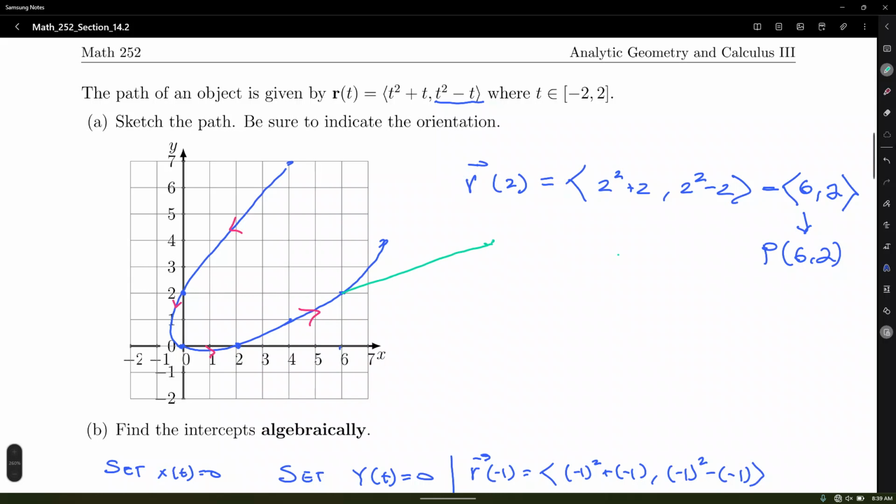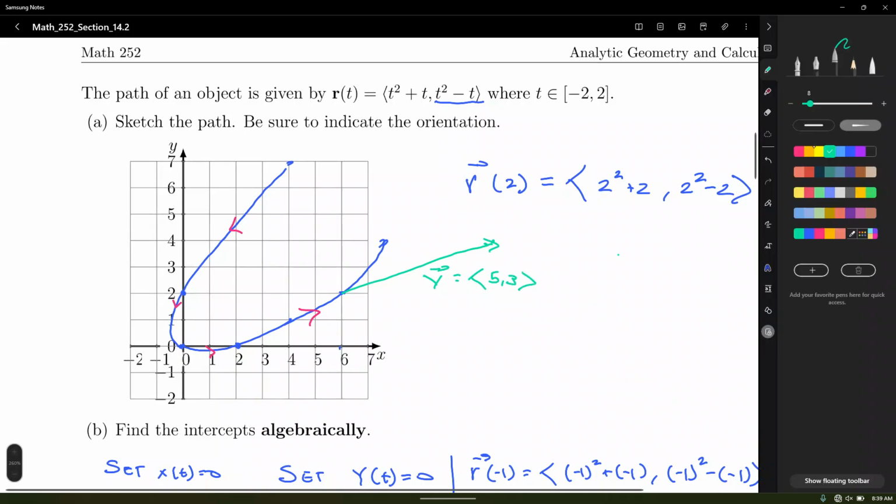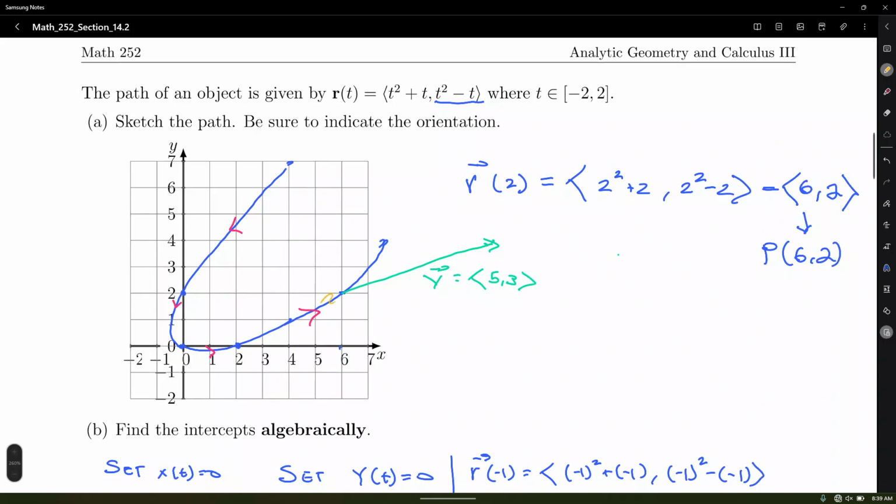And that's the velocity vector v, 5, 3. And the acceleration vector at this same point, 6, 2, that's going to give us the vector 2, 2. That means 1, 2, 1, 2. That is somewhere here. And I'm going to get this vector.